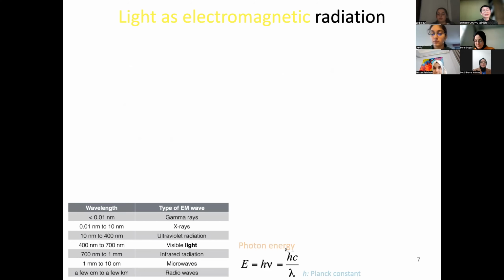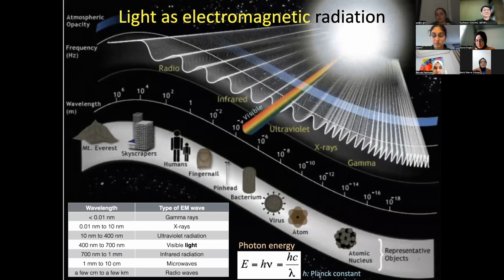So I'm going to discuss light first as electromagnetic radiation. Let's say there's sunlight, and of it we are only able to see the visible range, which I put as a rainbow color here. That's the wavelength range we are usually used to. So visible light is about 400 to 700 nanometers. But there are also shorter wavelengths, or more energetic photons.